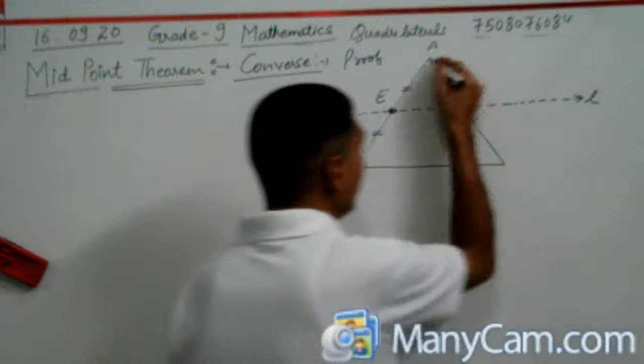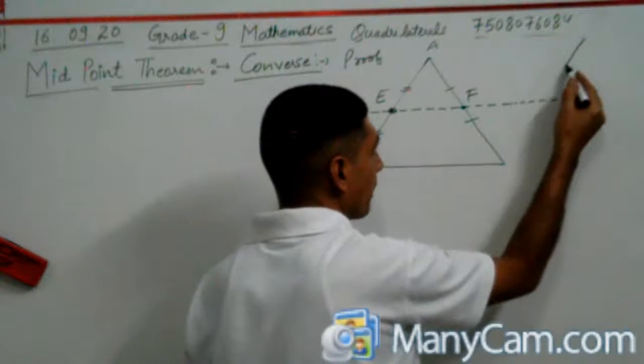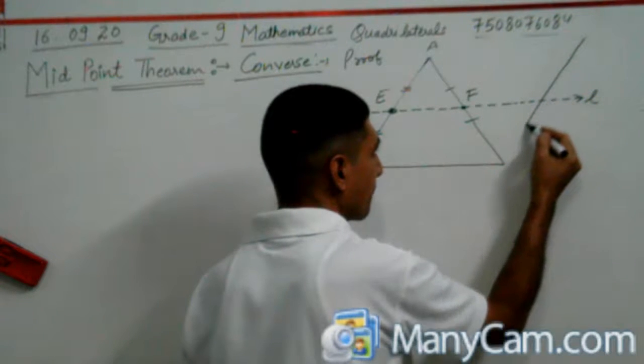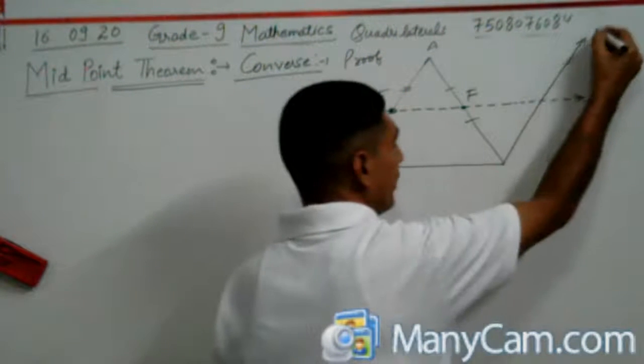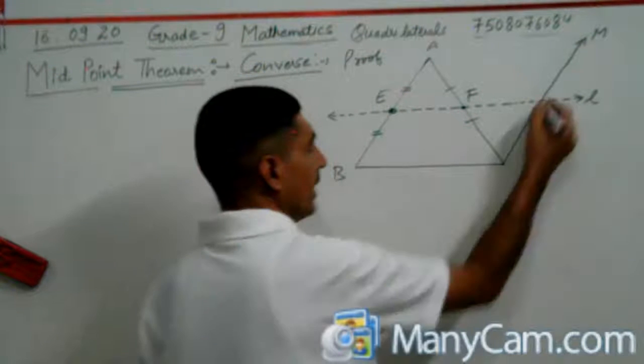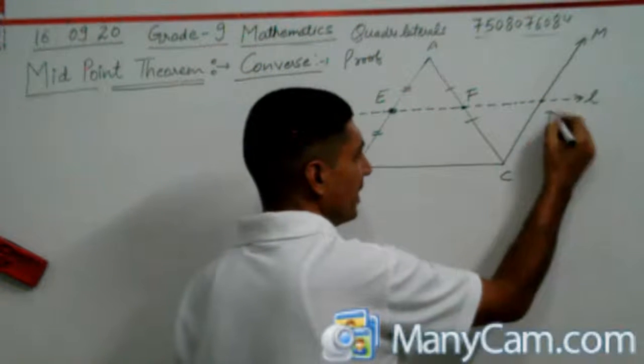This is line L, and ABC is a triangle with point M and point D here.